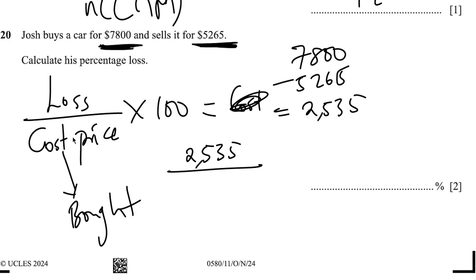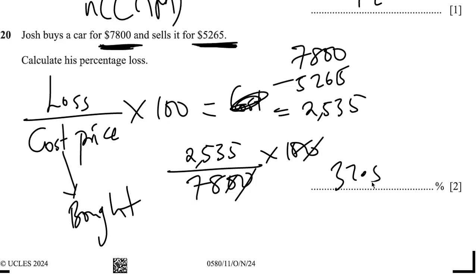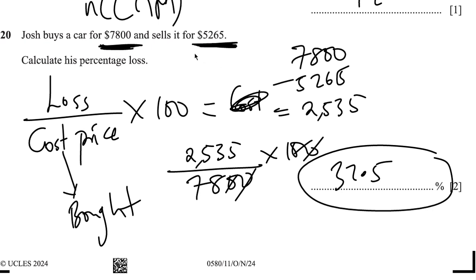Then divided by the cost price, which is how much it was bought, which is $7,800, then times 100%, right? So this cancels this cancels this. Then 2,535 divided by 78 is 32.5. So 32.5% loss because he bought the car for 7,800 and then he's selling it at a lower price, right?